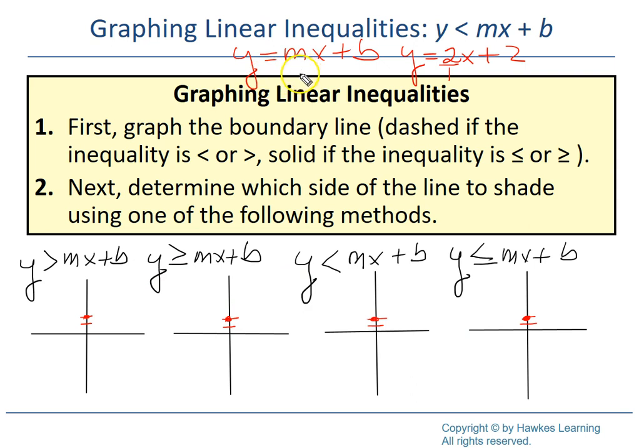Now, interestingly, this line is the same for all of these inequalities. The only difference is, and let's just plot this first one, y is equal to 2x plus 2, so it's 2 over 1. So let's use this one here. So we're going to go over 1 up. Let's do that. Over 1 up 2.